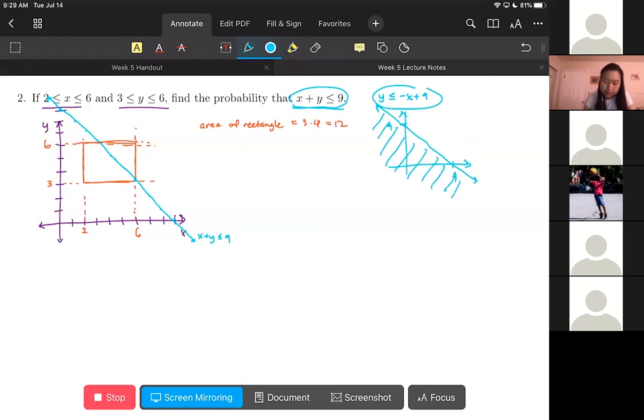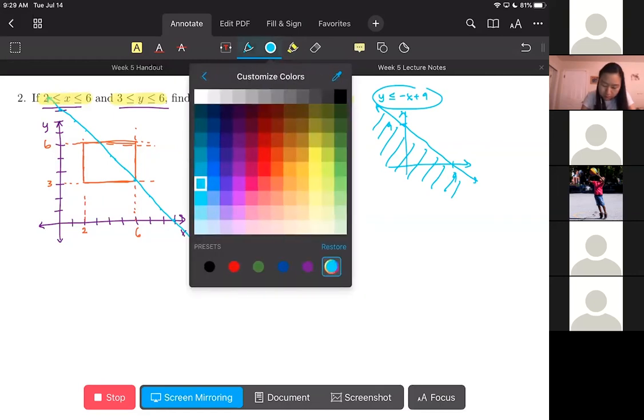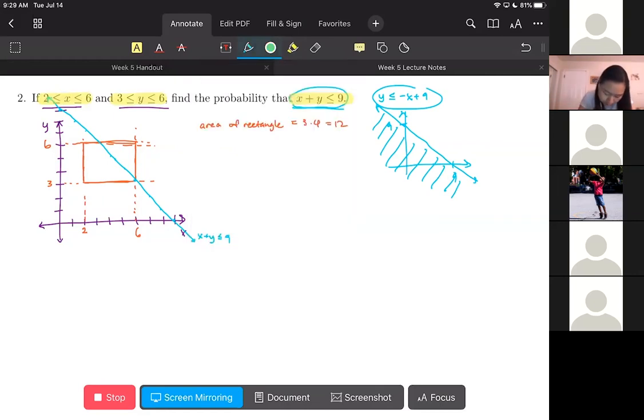So in this case, if we have these constraints, then the area that we really want to be calculating is this area right here. Any point in this green region is going to satisfy x is between 2 and 6, y is between 3 and 6, and x plus y is less than or equal to 9.